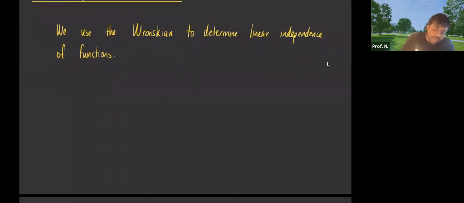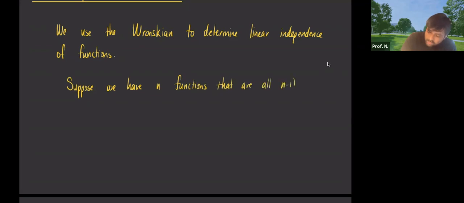And what is the Wronskian? So suppose we have n functions that are all n minus 1 times differentiable. So you can take the derivative of each function n minus 1 times.